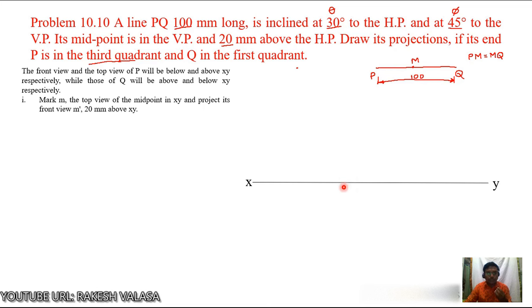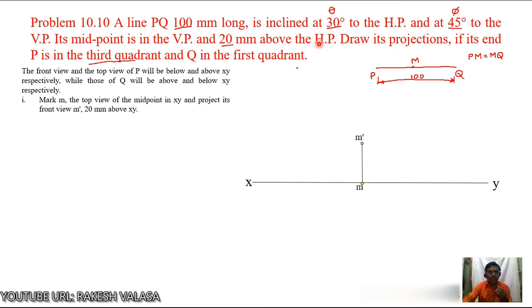So the top view is on XY. So mark M, the top view of the midpoint, on the XY, and project its front view, that is M dash, 20 above the HP. As per the given problem, locate the M point, that is the top view, on the XY line. Next locate the front view point, that is 20 above the HP. So the point name is M dash.